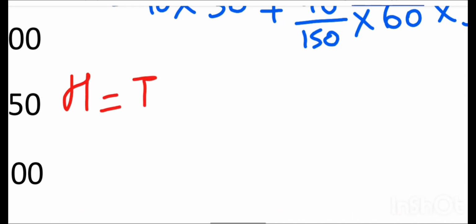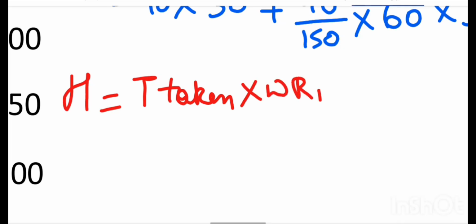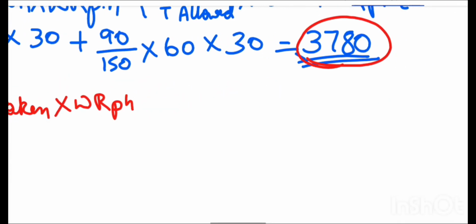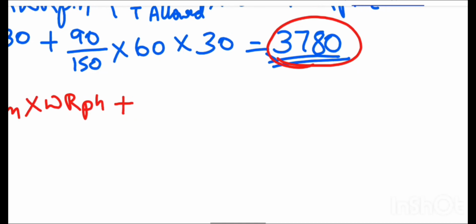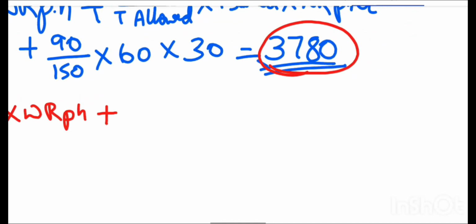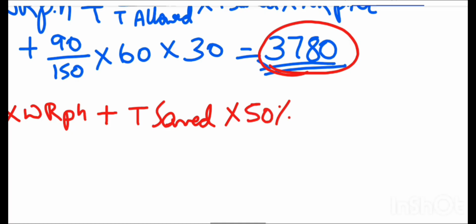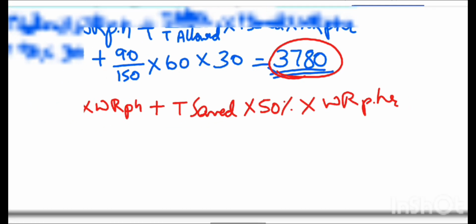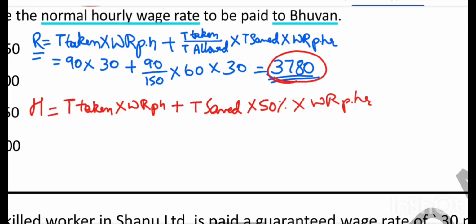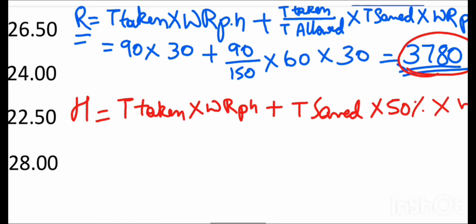The formula is again time taken into wage rate per hour plus time saved into 50% into wage rate per hour. Both of them earn the same amount under different schemes, so 3780 equals, and the wage rate per hour we need to calculate.